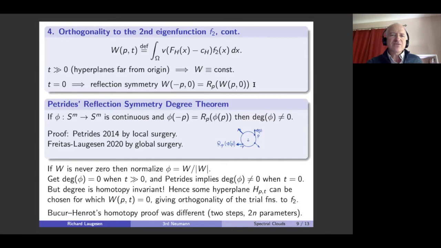So the key point is that reflection symmetry thing when the hyperplane passes through the origin. So again, if you chase through the definitions, the reflection symmetry shows up in this vector field as being reflection symmetry of this W vector field, the integral of the trial function against the second eigenfunction.